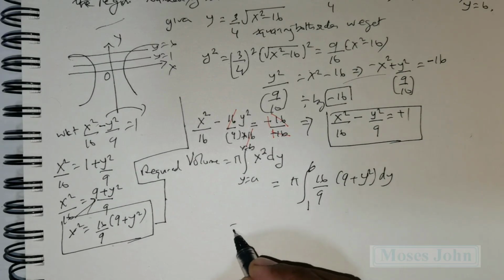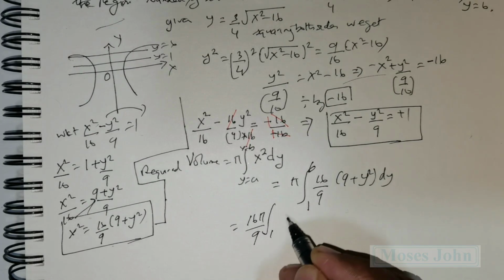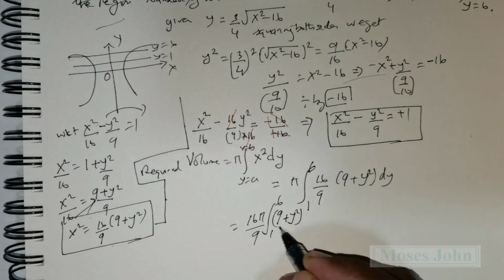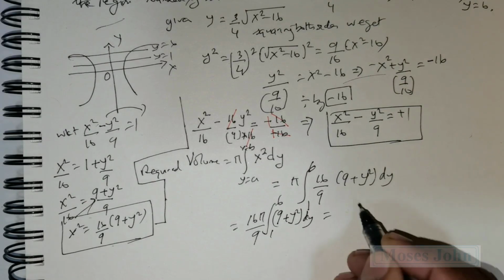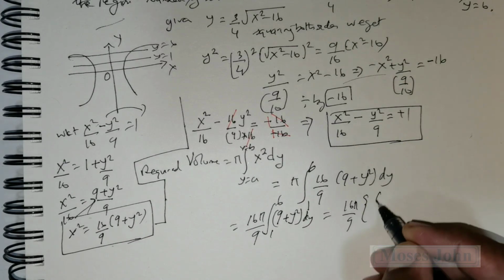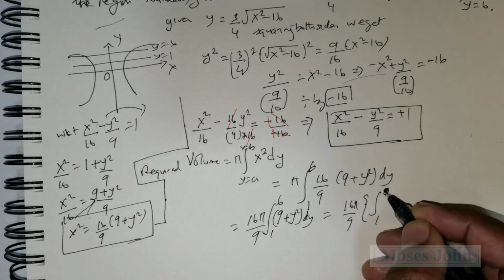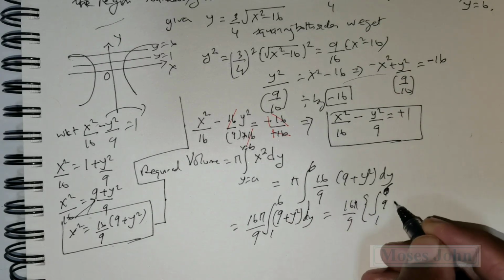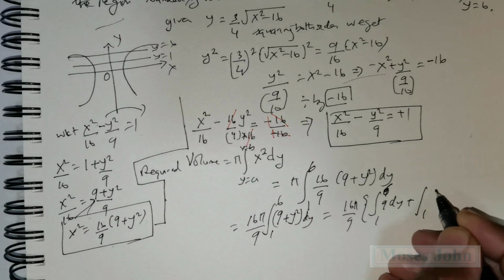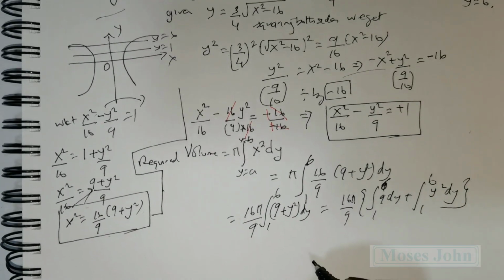I can rewrite this as 16 pi divided by 9 times the integral from 1 to 6 of (9 plus y squared) dy. This can be rewritten as 16 pi divided by 9, opening a parenthesis, the integral from 1 to 6 of 9 dy, plus the integral from 1 to 6 of y squared dy, close the parenthesis.